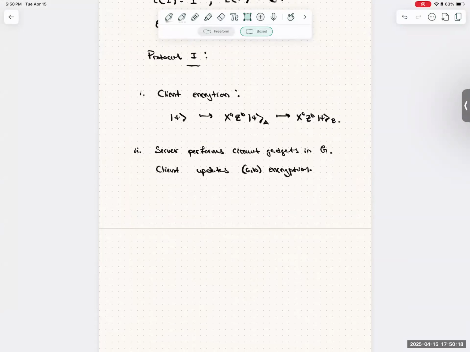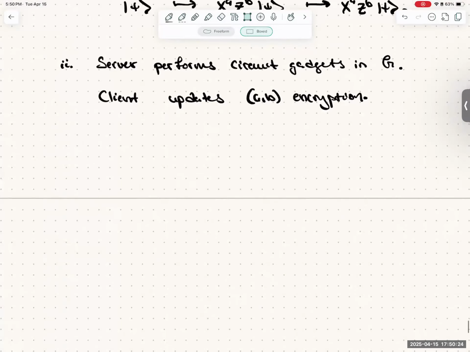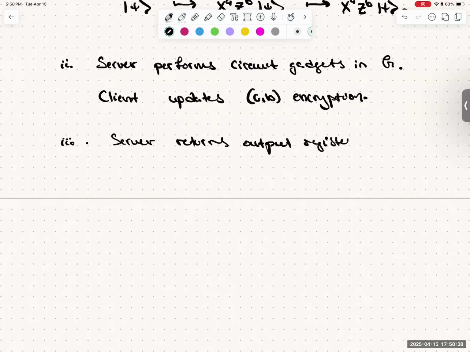And the third step is that the server returns the output register to the client, and the client decodes or decrypts.